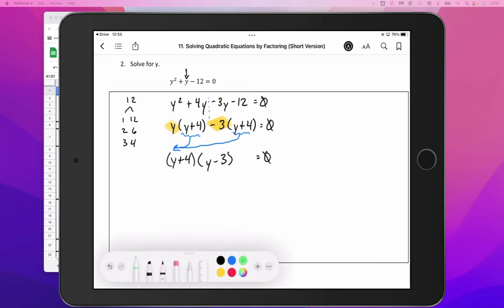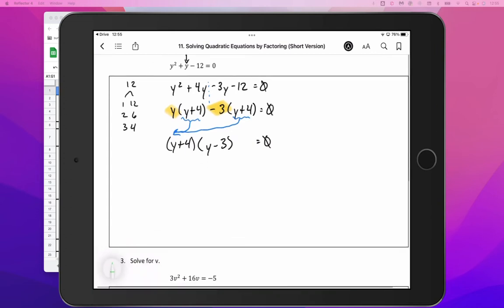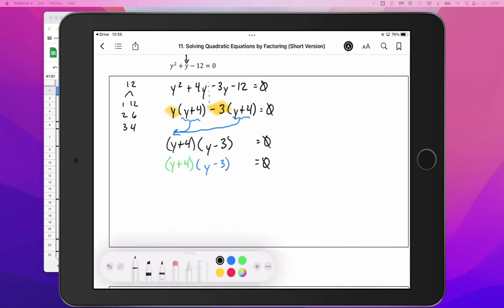Now, as we did with the last problem, I'm going to demonstrate something using colors. If we have y plus 4 and we have y minus 3, again, the green and the blue one. If I can make the green one equal to 0, 0 times y minus 3 will be 0.